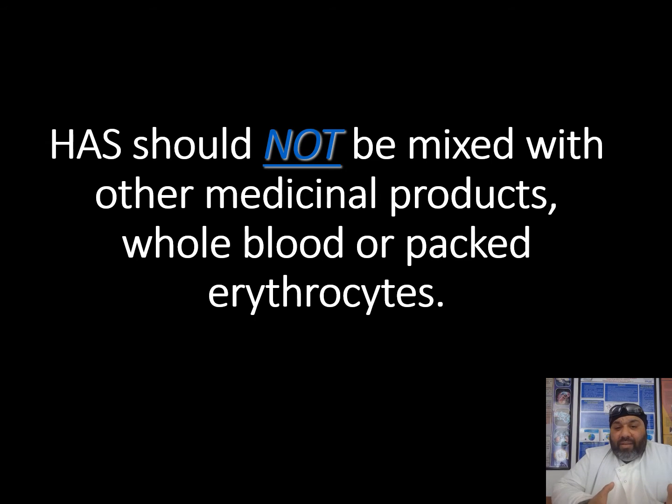For example, red cells might go out first if required, then platelets, or platelets and red cells may go together if required, and then human albumin solution may go after if required. Before that as well, cryoprecipitate may be required.